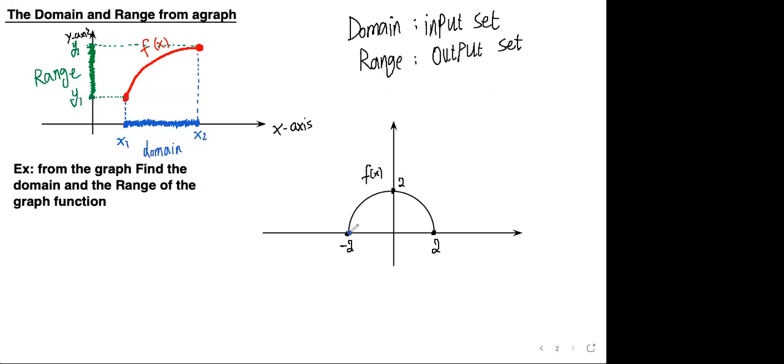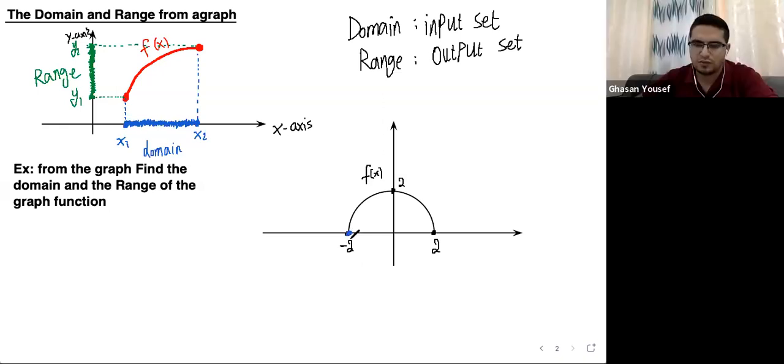As we look into the graph, starting at -2, this point is used because the value at -2 is 0, the y value is 0. At this point, the value goes up to around 1 or a half. If you use all these points, they all have a y value, up to the number 2. And 2 is also inside the domain because f of 2 is 0.